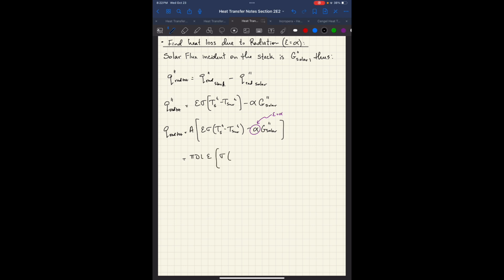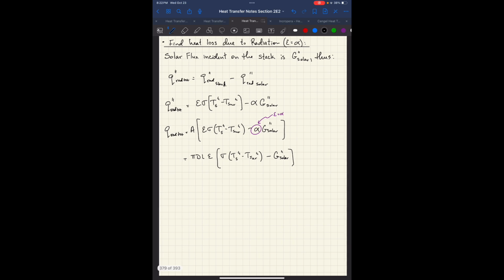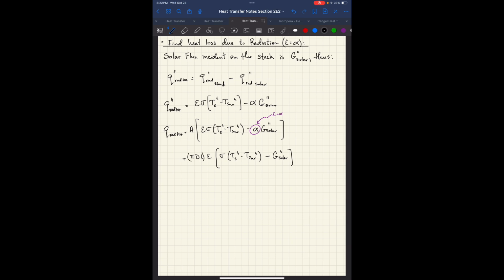So basically I'm left with sigma times T_s to the 4 minus T_surrounding to the 4, minus G solar. Okay, here's your area, and there's the sigma. So now it's just smooth sailing.